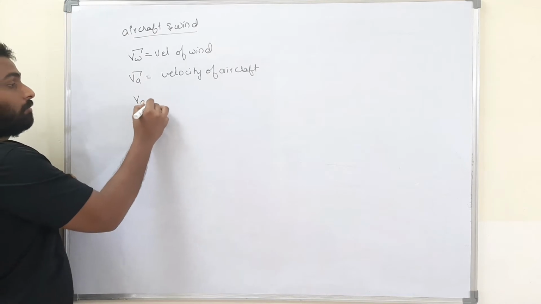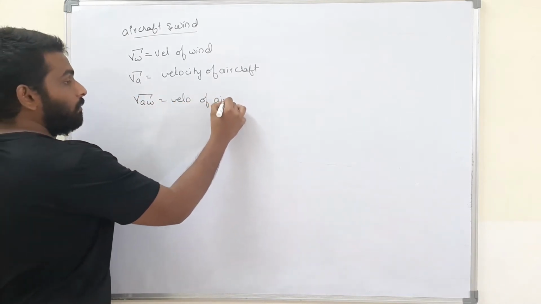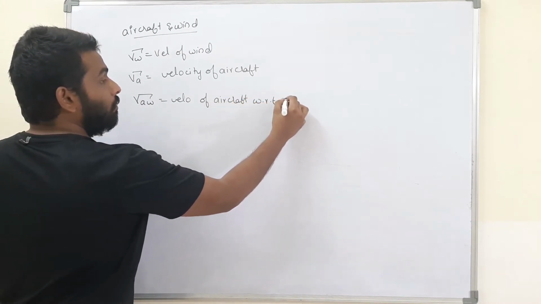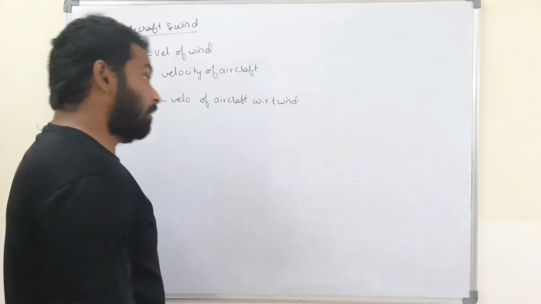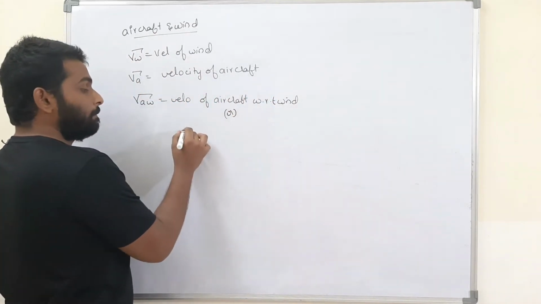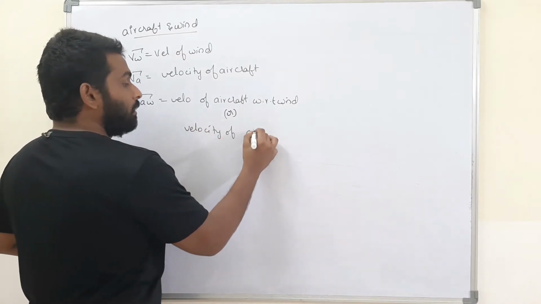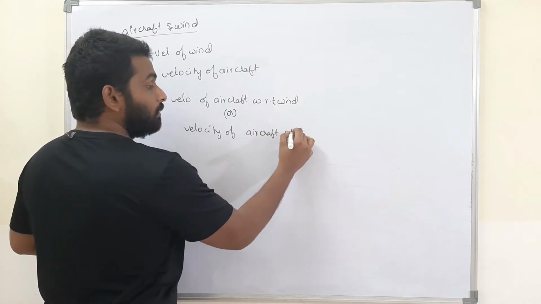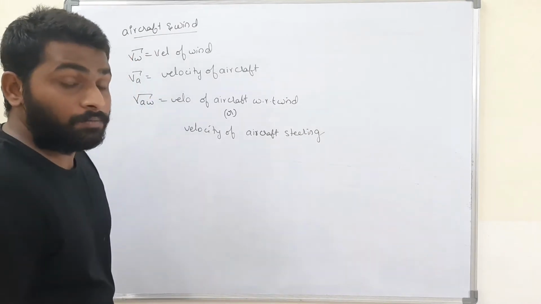Now what is VAW? Velocity of aircraft with respect to wind. Or I can write this one as velocity of aircraft steering.